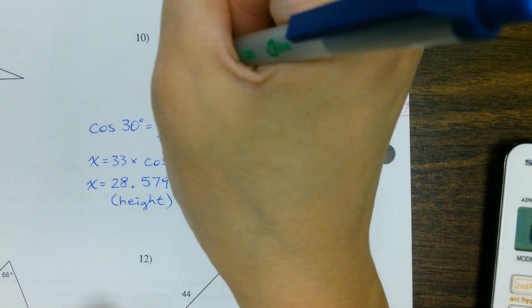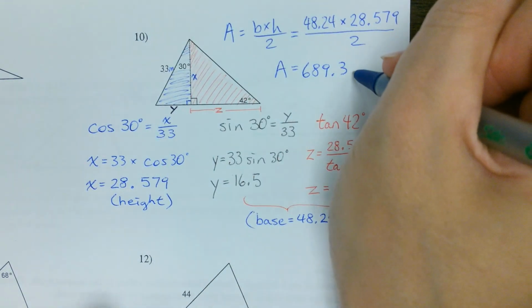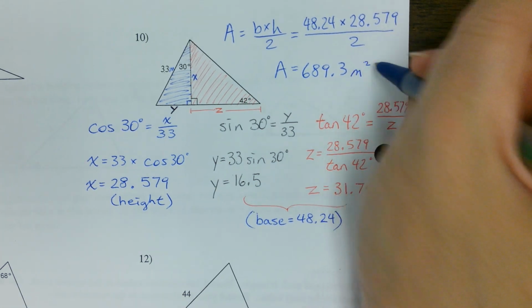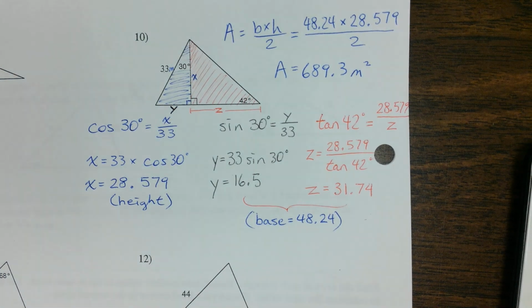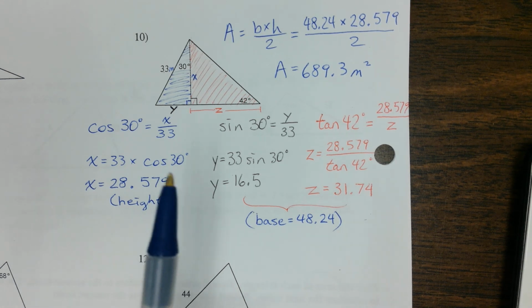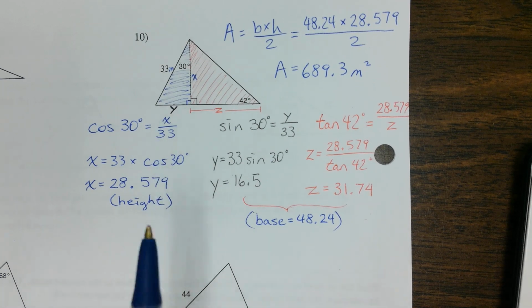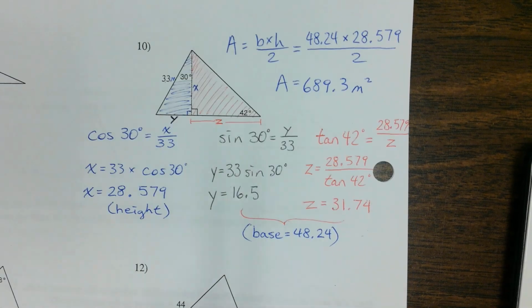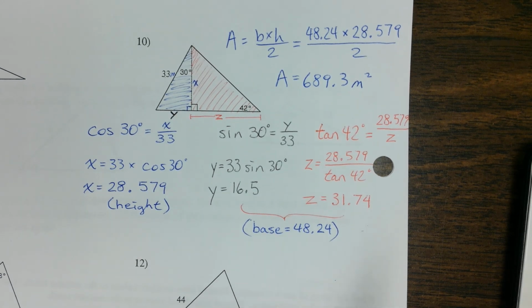Let's say this is in meters, then what would my unit be? Meter squared, because it's area. You see this little triangle right here, I used all three. I used cosine, sine, and tangent to figure out the area of the whole triangle.